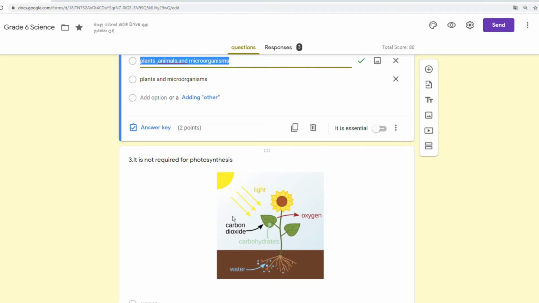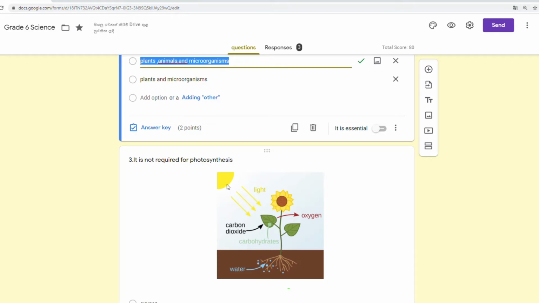In the third question, you have a nice picture. In the picture, you can get an idea about one important process, that is photosynthesis. I think you know the meaning of photosynthesis, right? In green plants, they can produce food using sunlight.